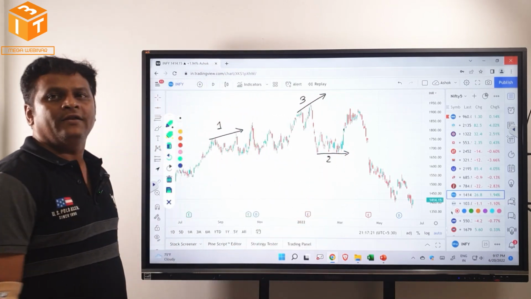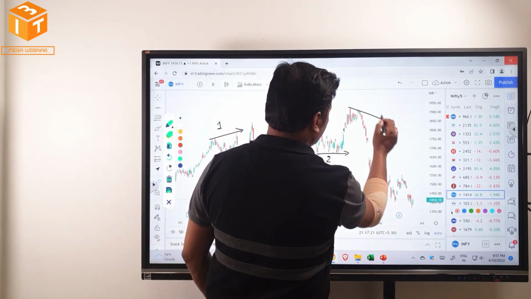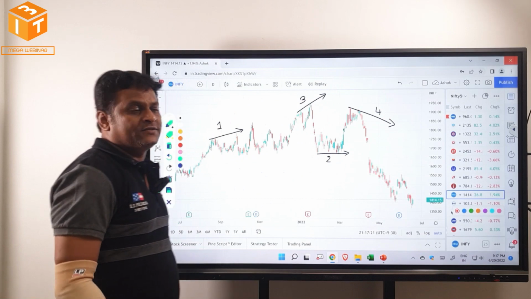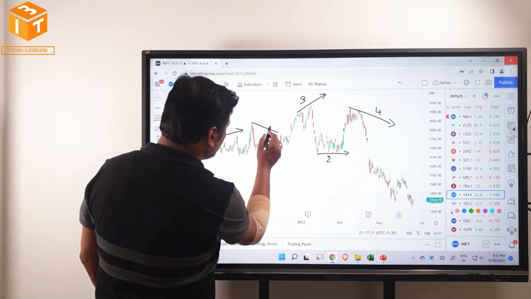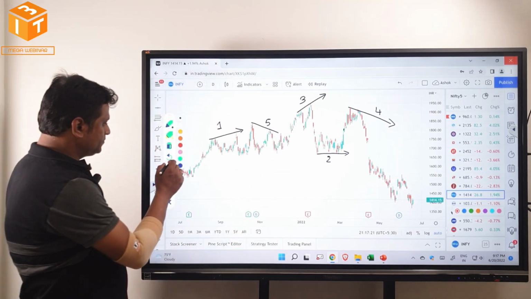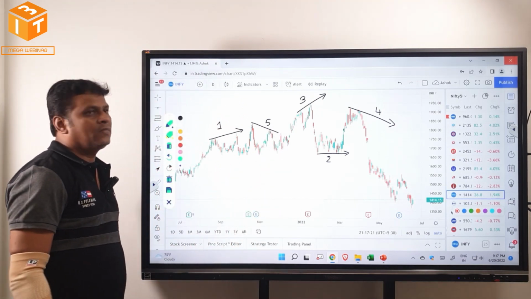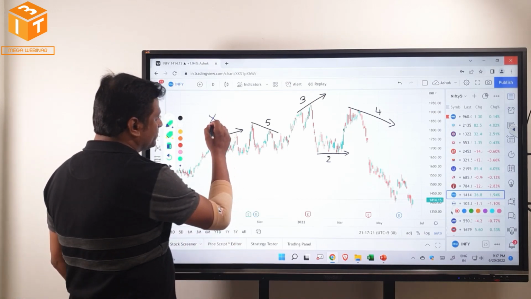Can I draw this trend line? Can I draw this? Can I draw this? Any guess? First things first. This is a wrong trend line. Why?